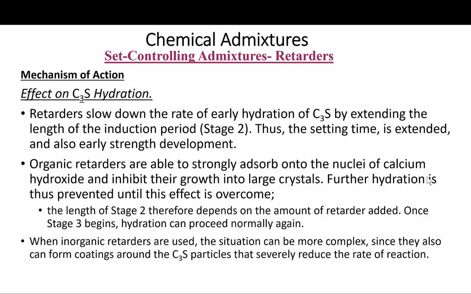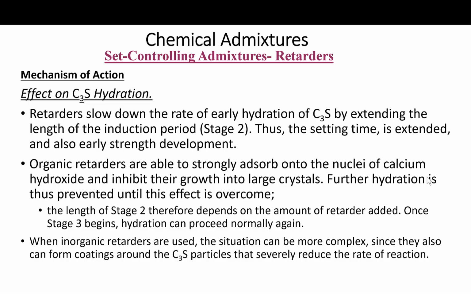This strategy can be implemented in a more controlled way using an extended set control admixture, which is a 2-component formulation designed to initiate set at a specified time. First, a large dose of retarding admixture, called the stabilizer, is added, which will delay the setting of concrete for hours or days.